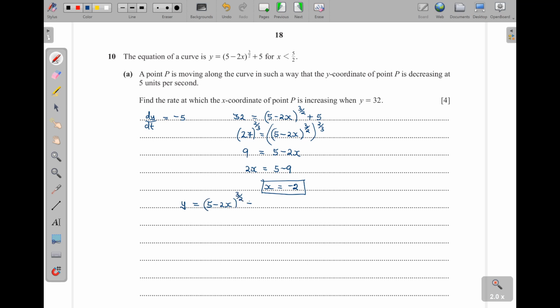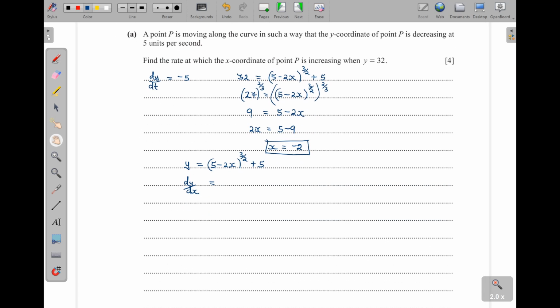Now we have y equal to (5 minus 2x) to the power of 3 over 2, plus 5. I need to get dy/dx, because remember, this is differentiation, connected rates of change. We need dy/dx because it is connected to dy/dt and dx/dt. So dy/dx is going to be: drop the power, 3 over 2, times (5 minus 2x) to the power of 3 over 2 minus 1, that gives us a half.